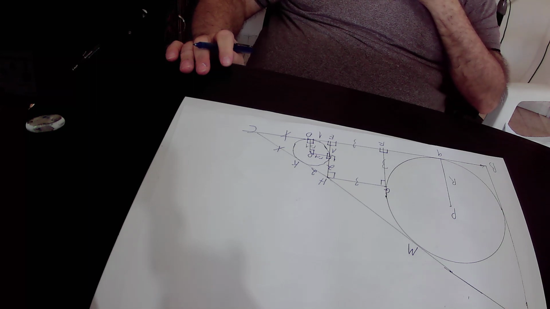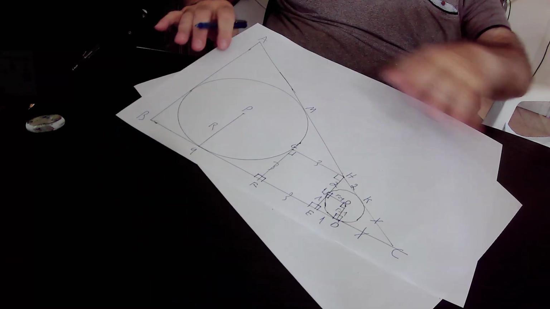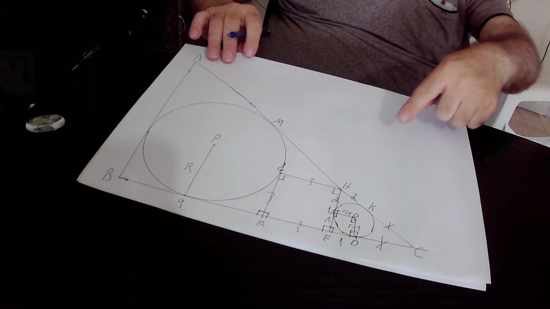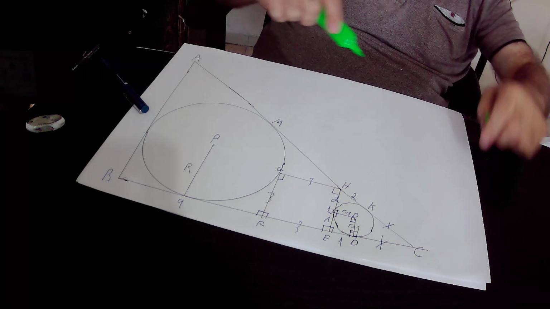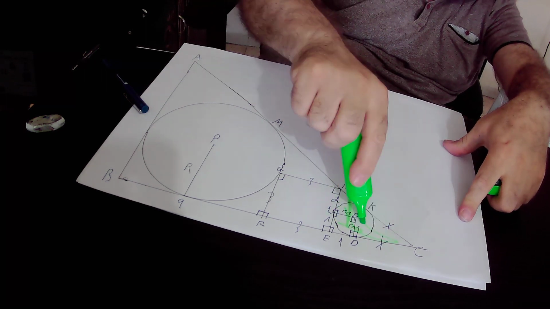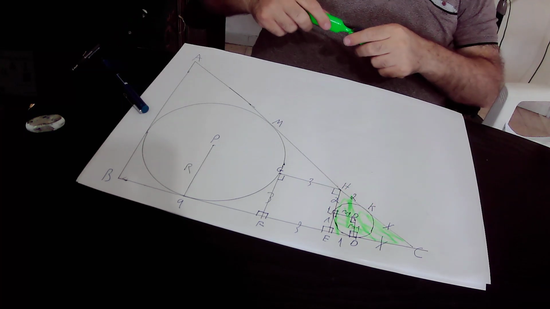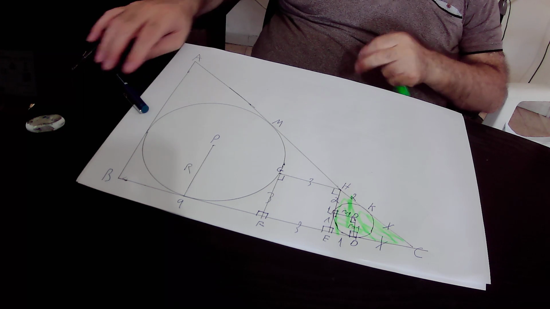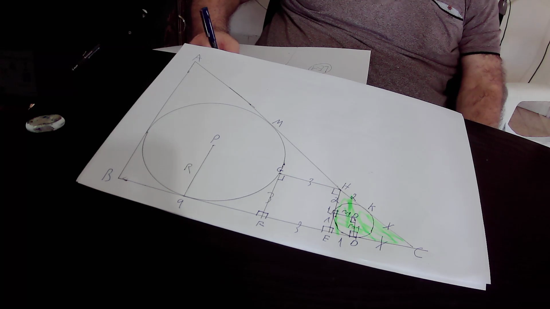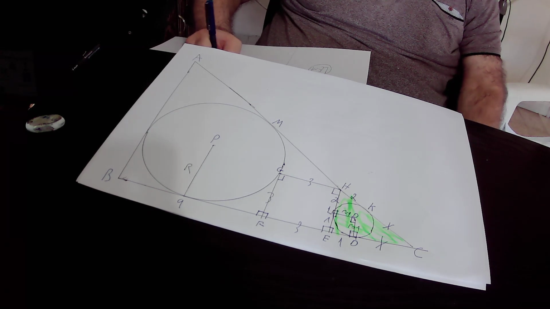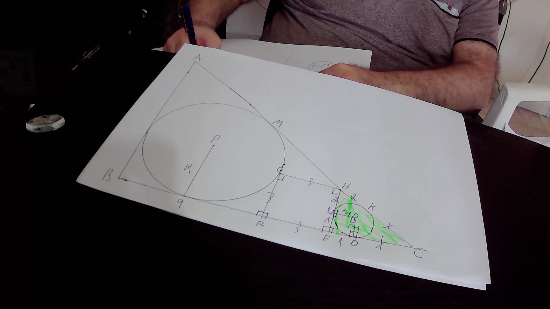So, in the next step, we will implement the Pythagoras theorem on the right triangle AGC. According to the Pythagoras theorem, in the right triangle AGC, the square of the hypotenuse equals the sum of the squares of the perpendiculars.